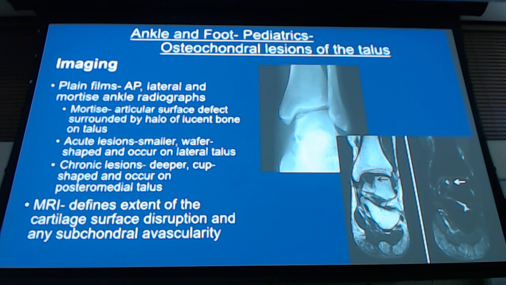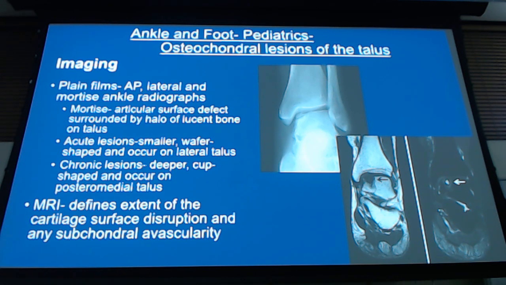Bear in mind that when you look at your X-ray, in incidences of an OCD of the talus, there may be some inflammation that is deeper inside the structure and substance of the talus. So what you see on the surface on X-ray, there is something else going on deeper inside. That's where your MRI comes in.